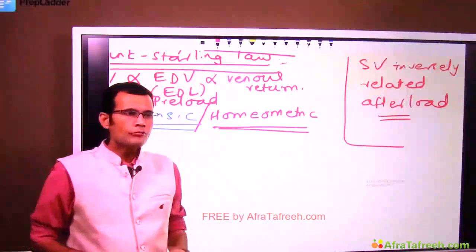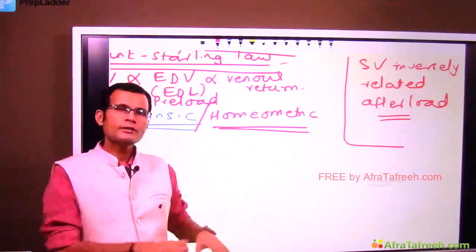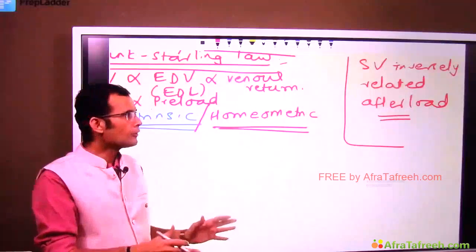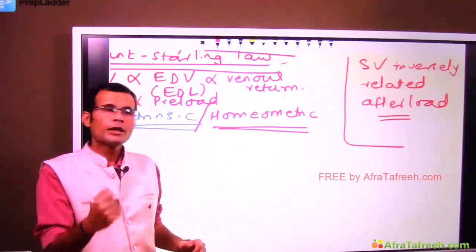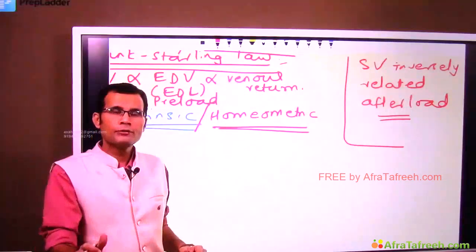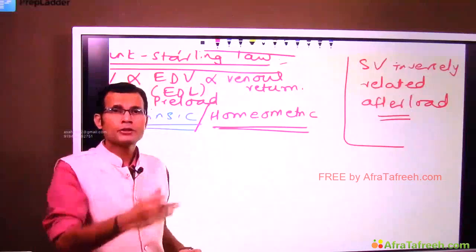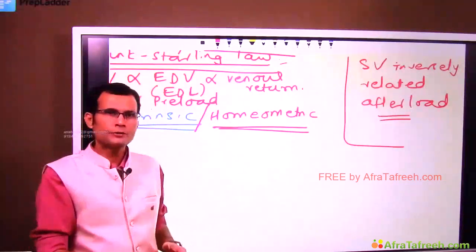And we've done this in the previous section, that preload is the same on both ventricles, but afterload is greater on the left ventricle, because it is the load against which the ventricle has to contract. Afterload on the left ventricle is aortic pressure, whereas afterload on the right ventricle is pulmonary artery pressure.